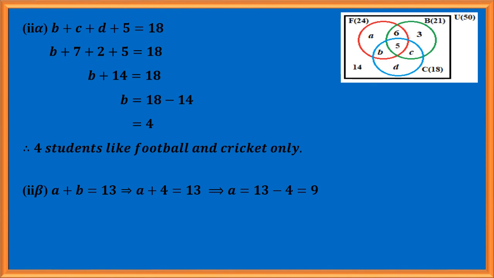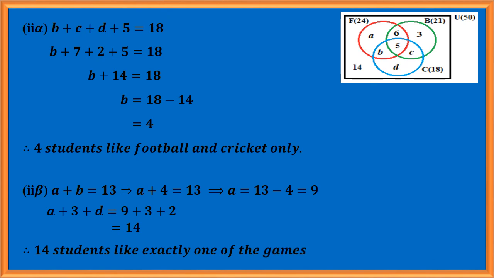That means A plus 4, which is the value of B, will be equal to 13. And that gives us A to be 13 minus 4, which is equal to 9. We can now substitute the value of A into A plus 3 plus D, so this will now give us 9 plus 3 plus our D, which was 2, and that will give us 14. So therefore 14 students like exactly one of the 3 games.